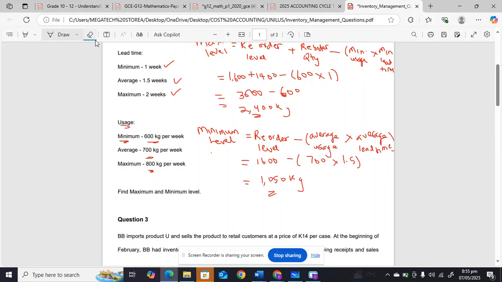So 1,600 minus 1,050. This is the minimum level of inventory that we must have, 550 kg. Okay, that is the minimum.